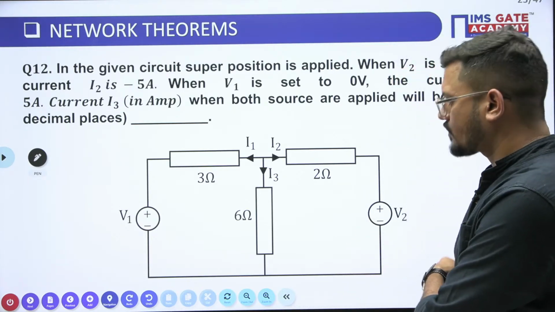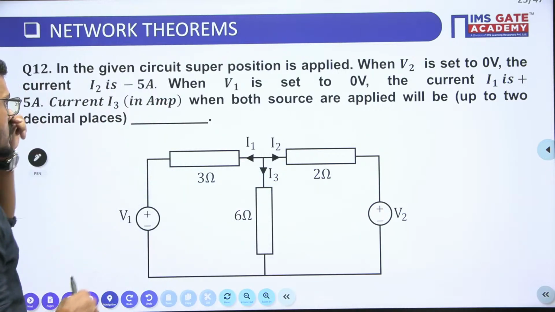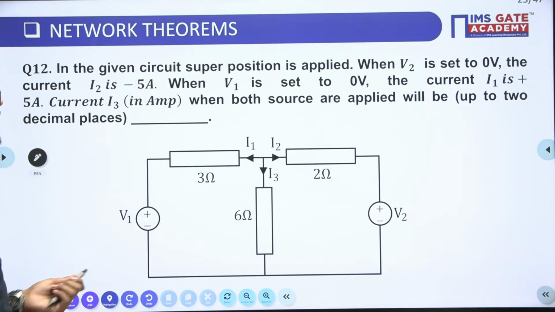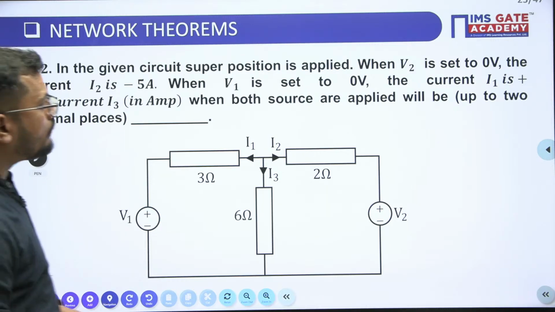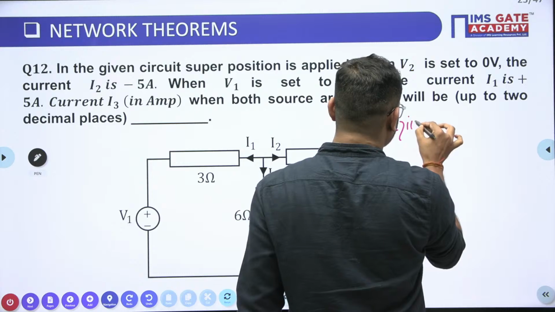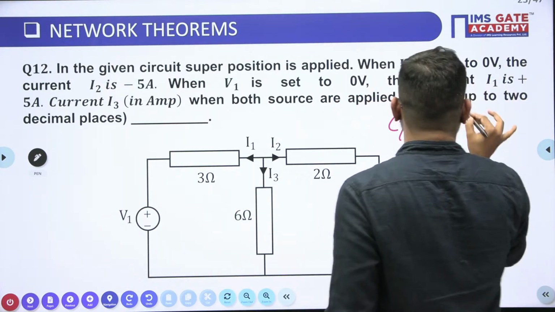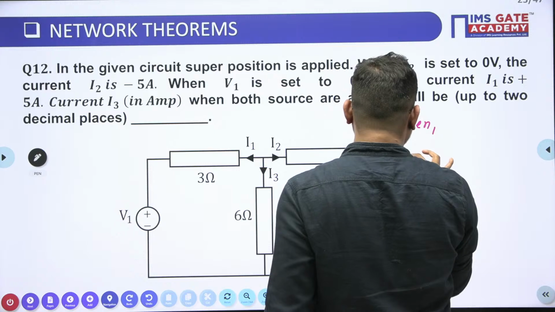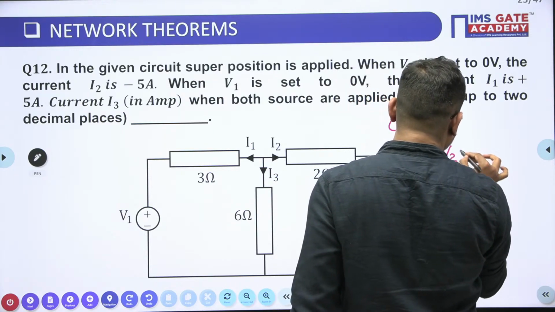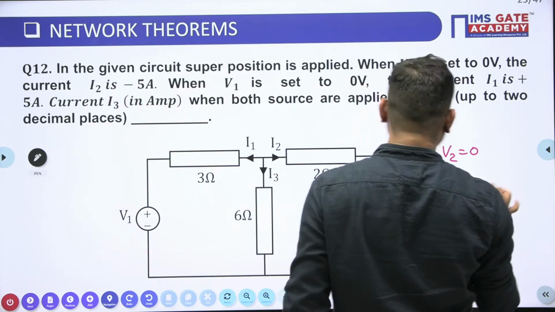Let us see here, guys. In the circuit, superposition is applied. It is given to us that when V2 is set to 0, the I2 is equal to minus 5 ampere.